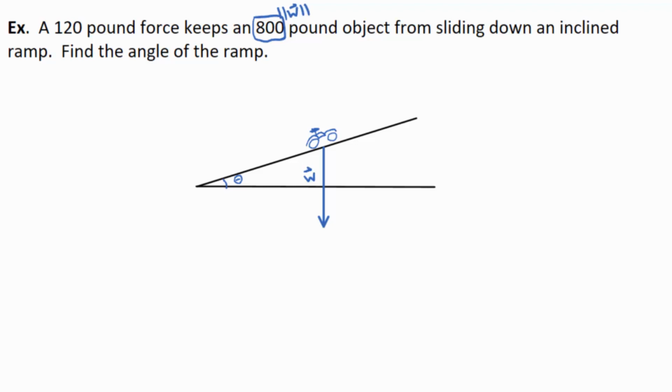Okay? So we'll do that one in green. The force vector perpendicular, so it makes a right angle. This vector in green should look like it's making a right angle with the ramp.